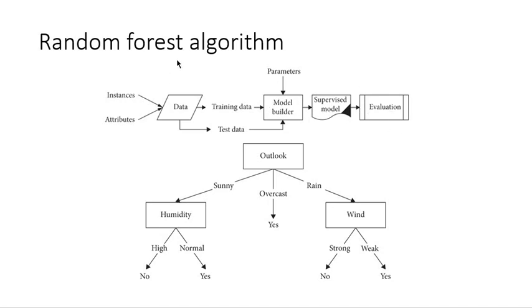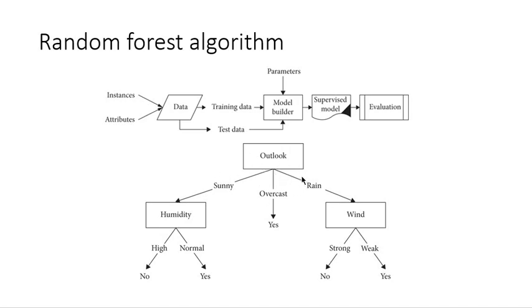Now the random forest algorithm works on a voting system, in which the model takes different votes from the model parameters and determines whether the generated data is good or not.